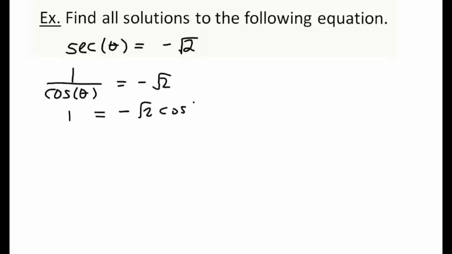Next up, let's try to determine when secant of theta is equal to negative root 2. We know that secant is the reciprocal function of the cosine function, so I'm going to replace secant with 1 over cosine. Then I can multiply both sides by cosine of theta. And finally, I'll divide both sides by the square root of 2.